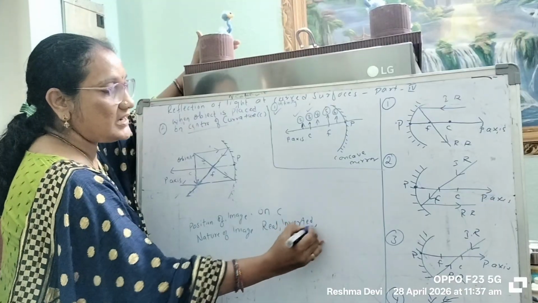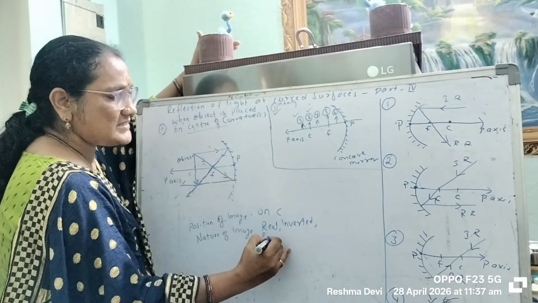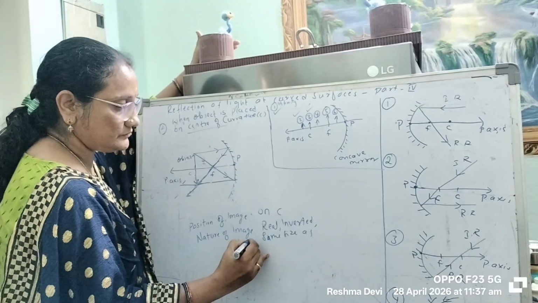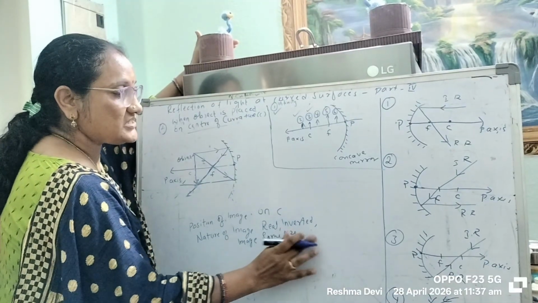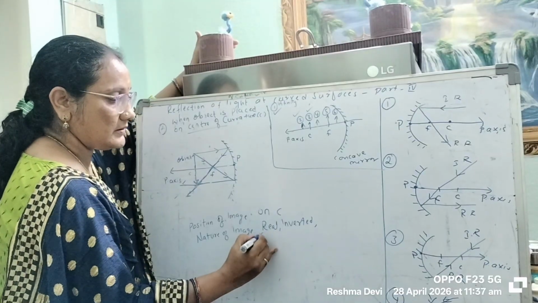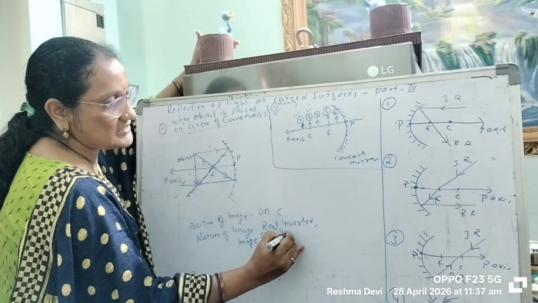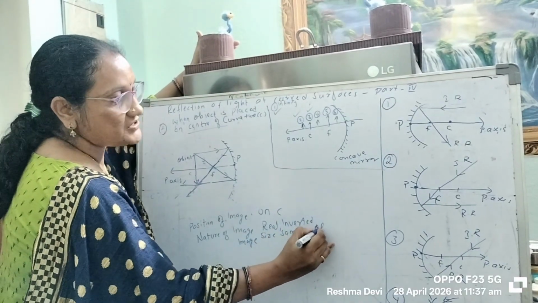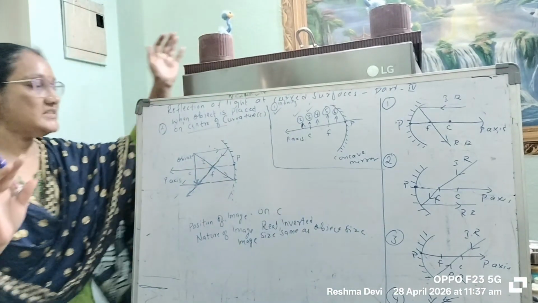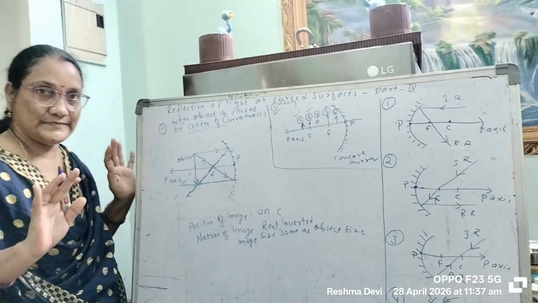Next, inverted. And of same size. Image size is the same as object size, both are of same size.